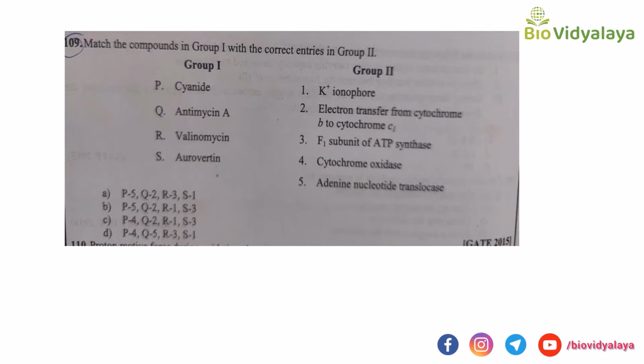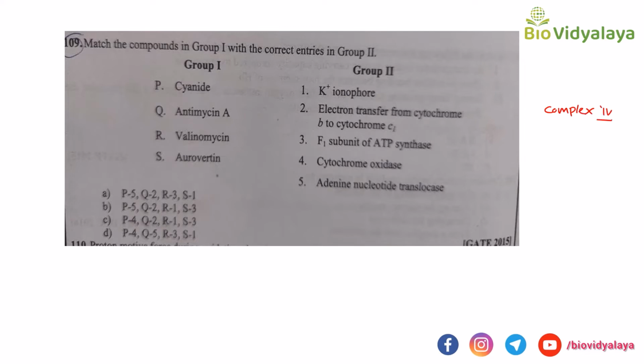So here options are given. From these options you have to select the correct one. So here first P, cyanide. We know that cyanide is an inhibitor of complex 4.